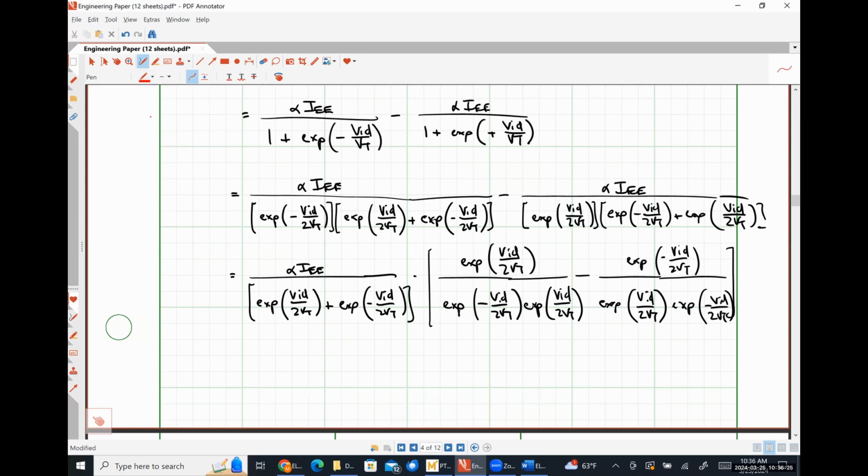What's this denominator look like? 1. What's this denominator look like? Also 1. So effectively, I have this minus this over this plus this times alpha IEE.